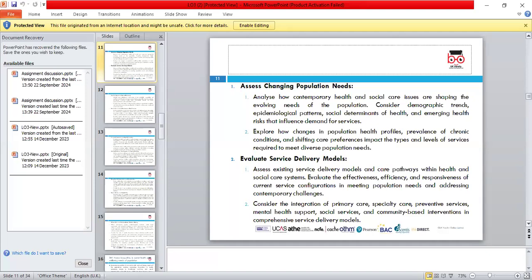Consider the demographic trends, epidemiological patterns, social determinants of health and emerging risks that influence demand for services. Explore how changes in population health profiles, prevalence of chronic conditions, and shifting care preferences impact the types and levels of services required to meet diverse population needs.